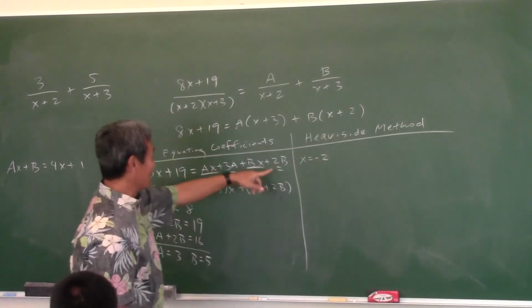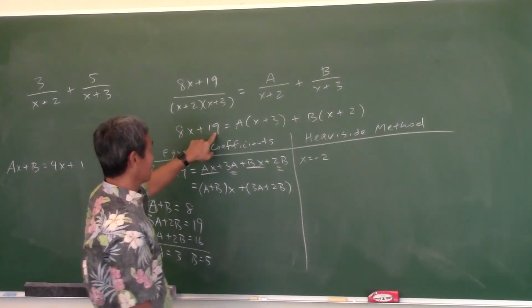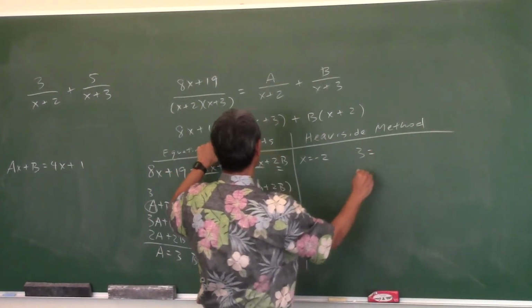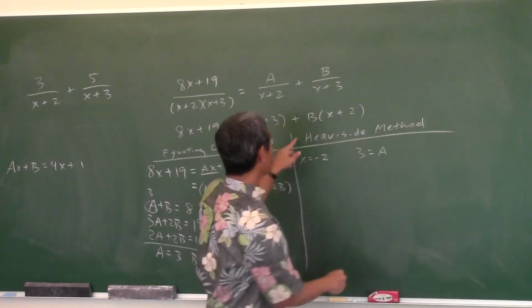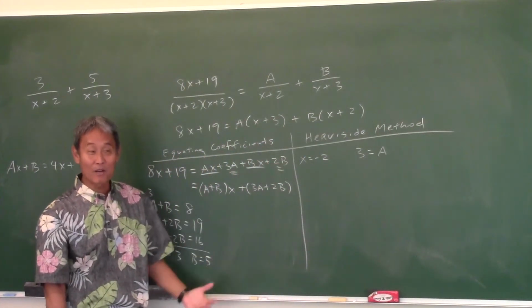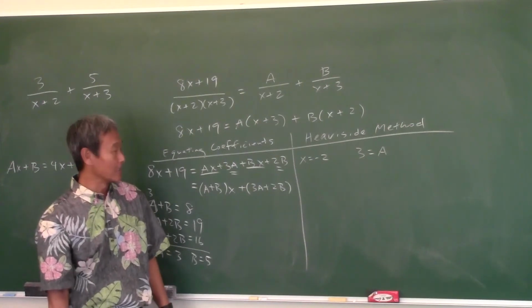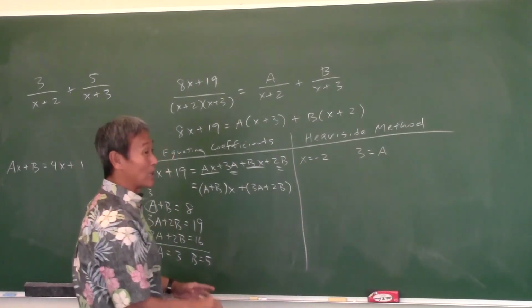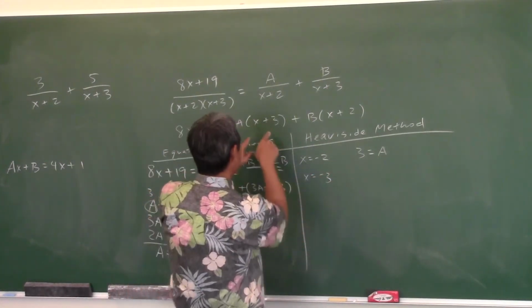So watch, plug in -2 for x, plus 19. 3 is equal to, plug in -2 there, you get a plus 0. Oh, a is 3, finished. We just figured out what a is. Some of you are not seeing it. Okay, now let's plug in another number for x. What do you think? -3, because it makes that term 0.